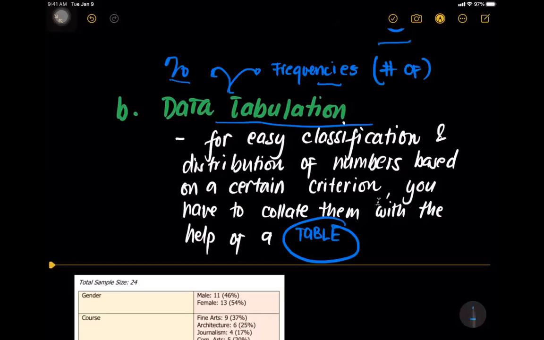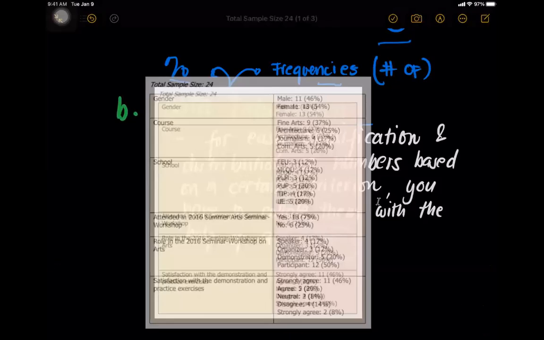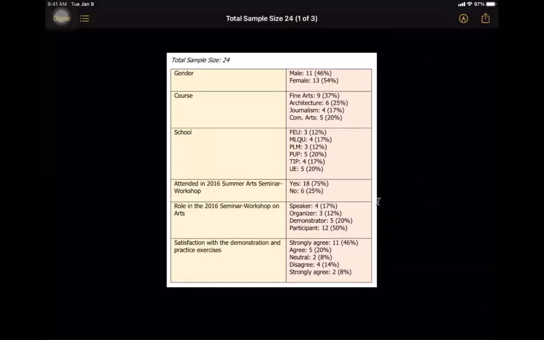So if we place that on our table, we automatically would see, okay, this is the variable with the highest frequency and this is the percentage distribution. So we would know right away just by looking at the table how the data are distributed. All right, so let me give you an example of a table.